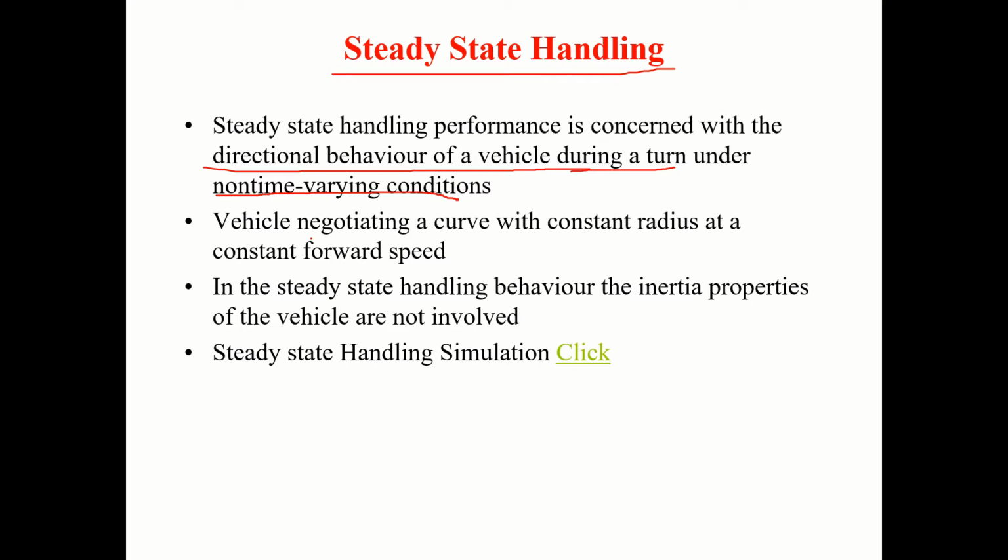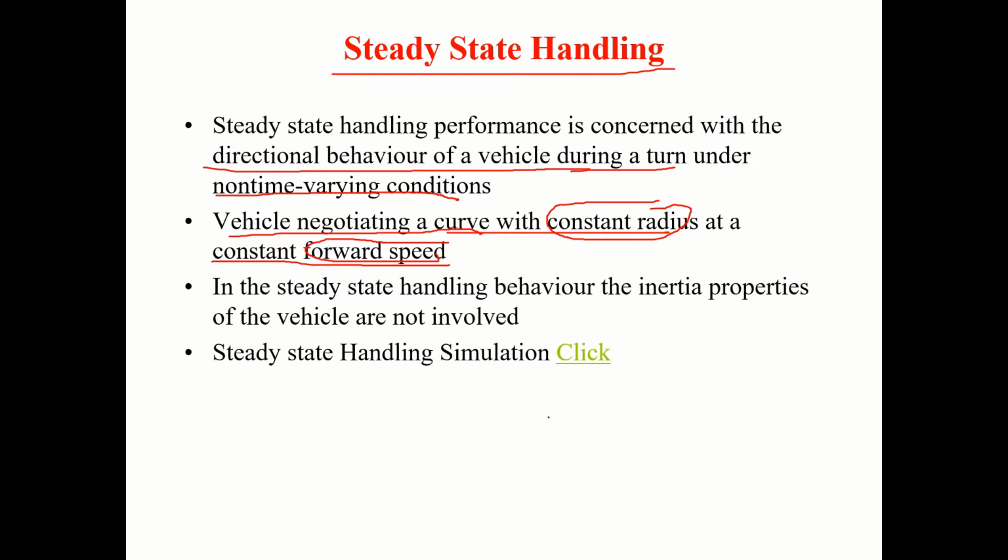Means to say, the vehicle will be negotiating a curve of certain radius, that is constant radius, at a constant forward velocity. So the forward speed is constant, the radius is constant. That is what we mean by non-time varying conditions.